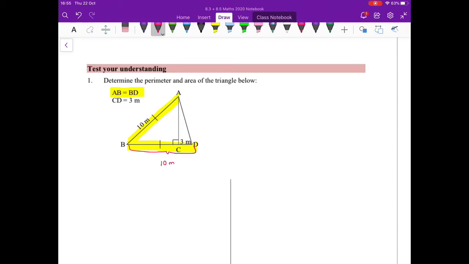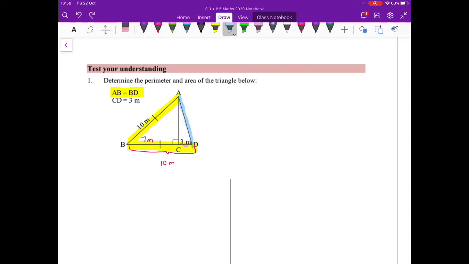If that whole line is 10 and the small bit is 3, then this section here is 7 meters. They also said that CD is 3, which we've had a look at. To find the perimeter, I need to find this length here because I've got the other two, but I cannot use the small triangle here because I don't have that side and I don't have that side either.